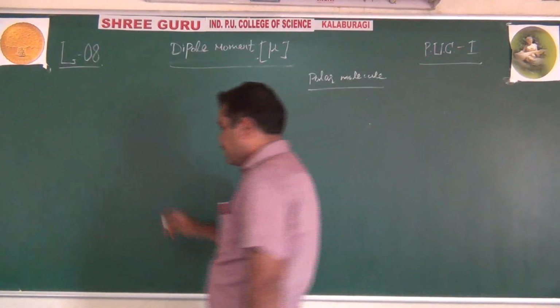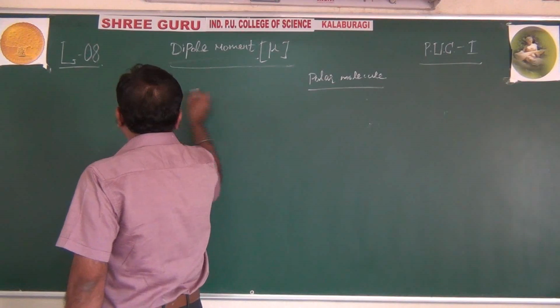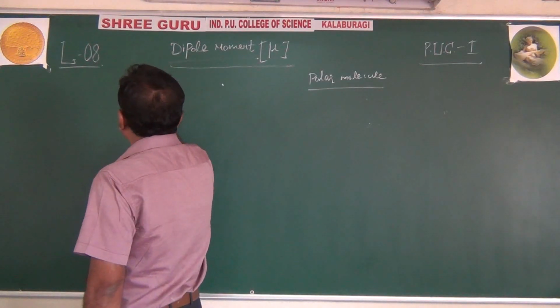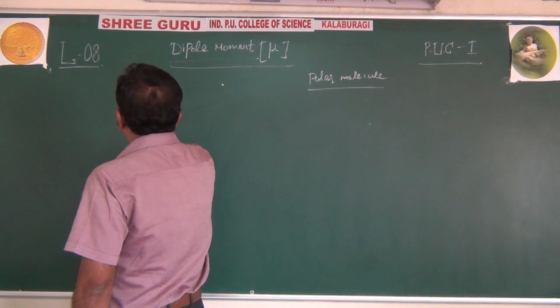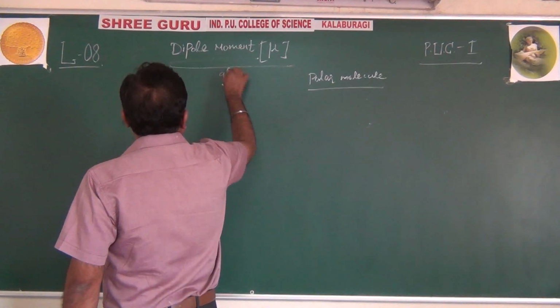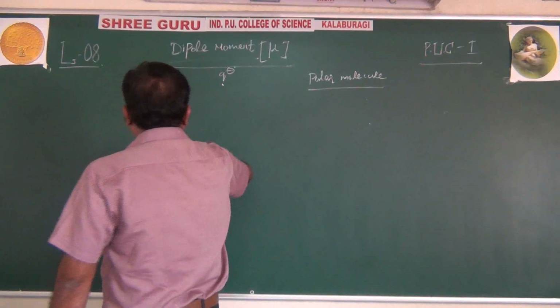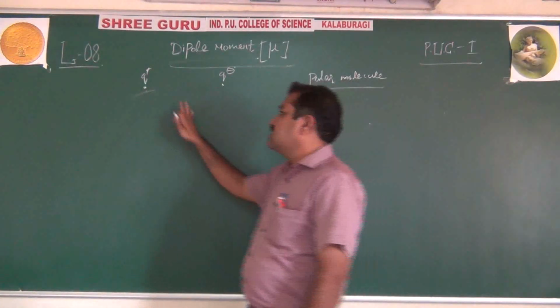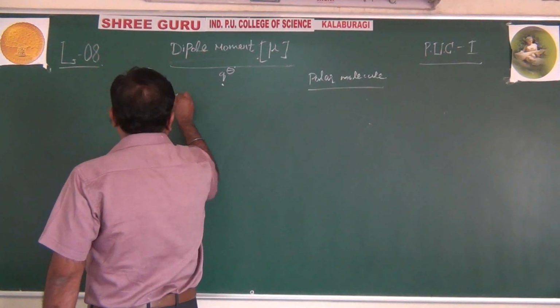Let us assume one positive end, Q plus, and one negative end, Q minus, separated by a certain distance, that is d.